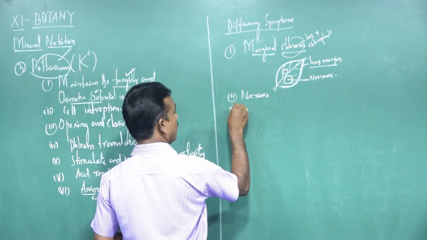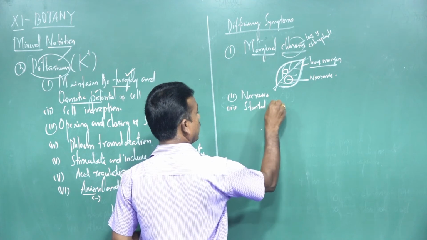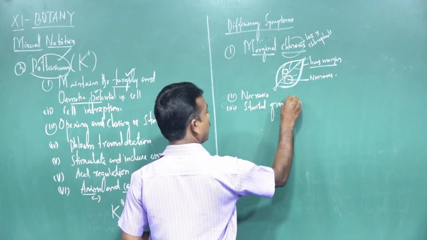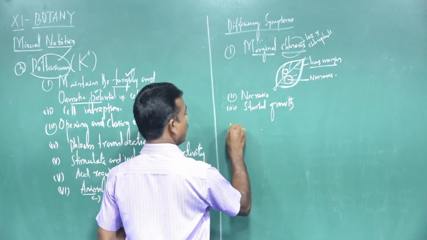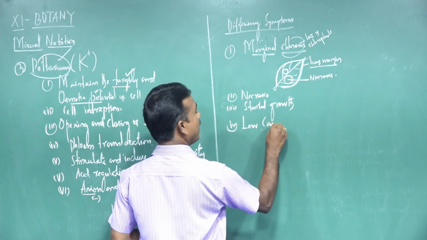Third one, stunted growth. Fourth, low cambial activity.